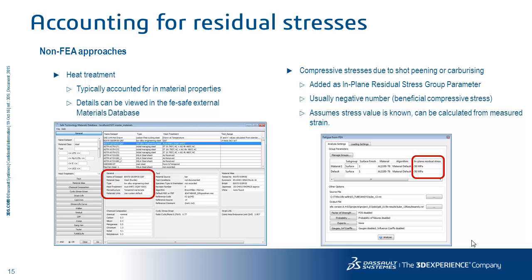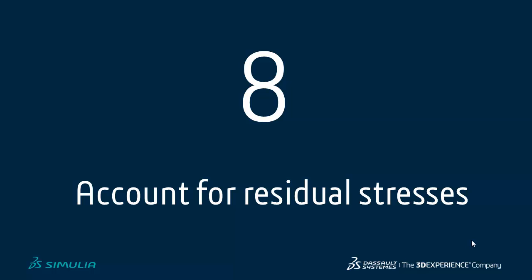In some cases we have carburized conditions, and so forth. So that's on the left. On the right, you can actually put in a surface stress. So if you know that you have a shot peen component, you can have a group for that surface that's shot peened, and you can put in a compressive stress to represent that. So that's 2 ways that you can do it very simply.